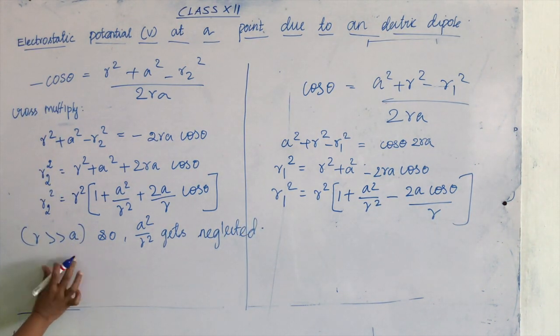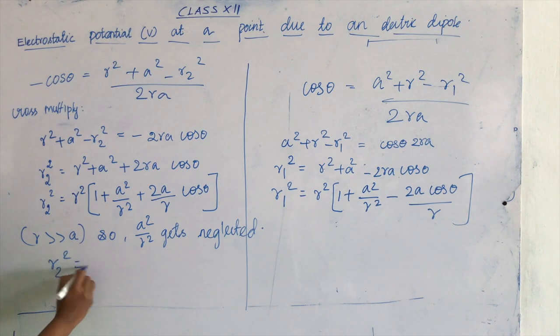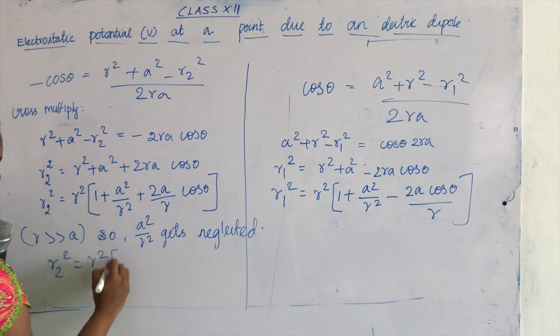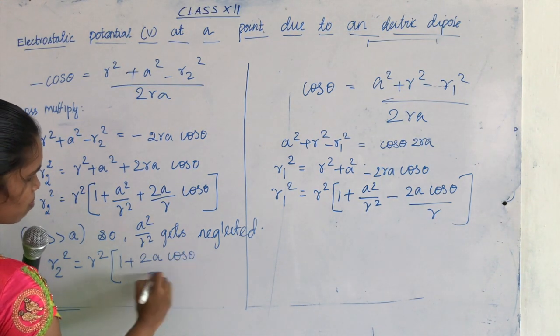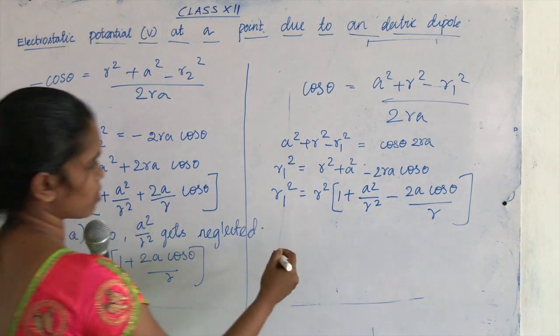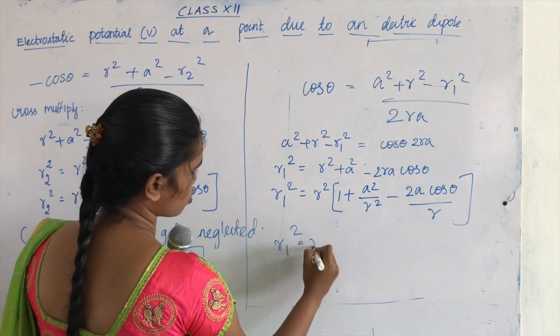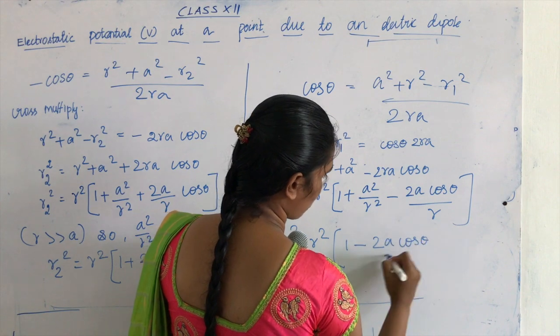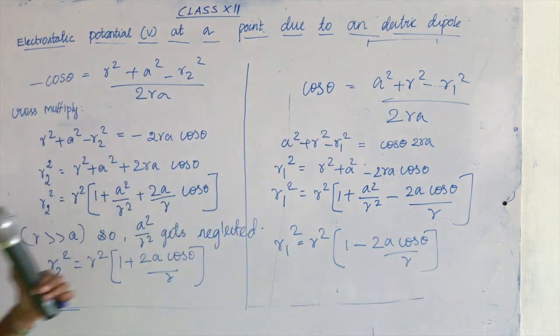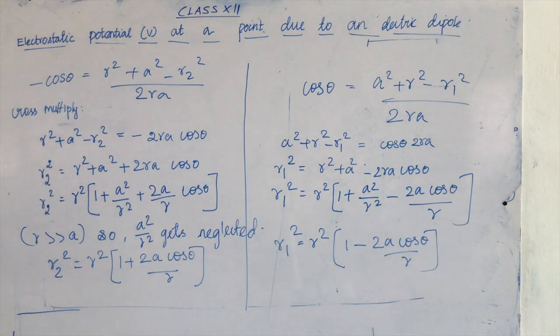R2 square equal to R square times 1 plus 2A cos theta by R, and R1 square equal to R square times 1 minus 2A cos theta by R. Do we understand?